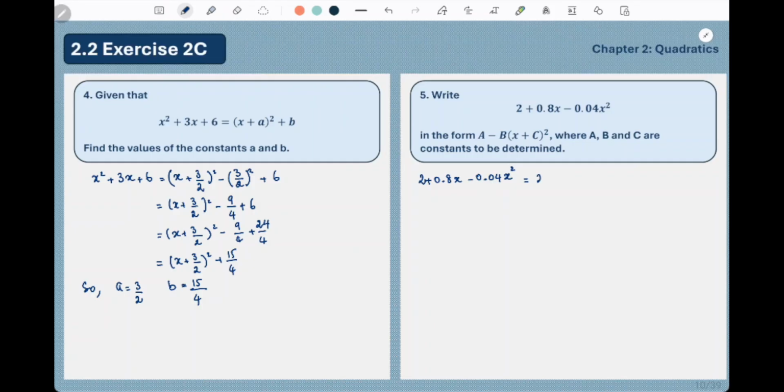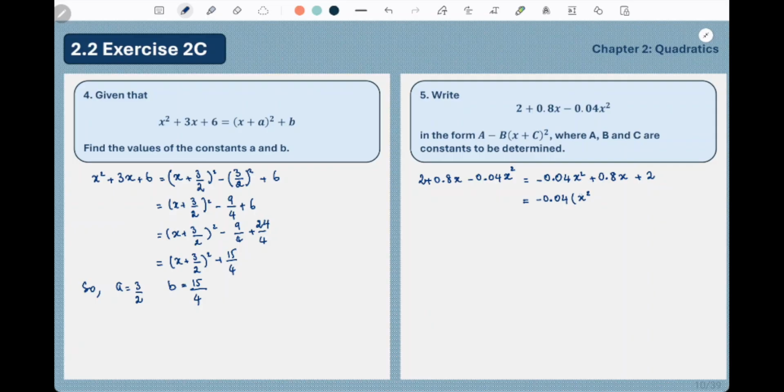Okay, so 2 plus, or if you want to keep it in the earlier order, it's okay. We can rewrite it in this order so it's easy for you to see. I'm just writing the same thing in a different order, and I'm going to factorize by 0.04. So x squared.